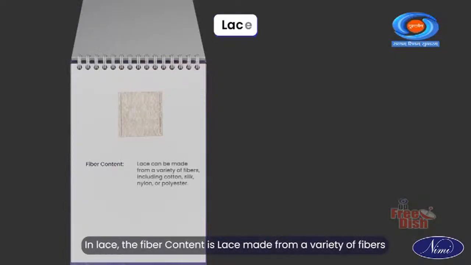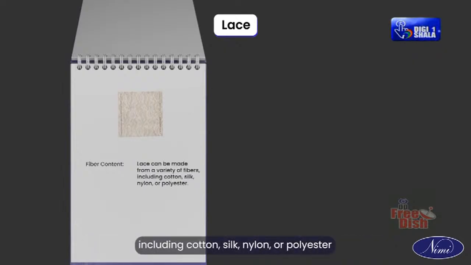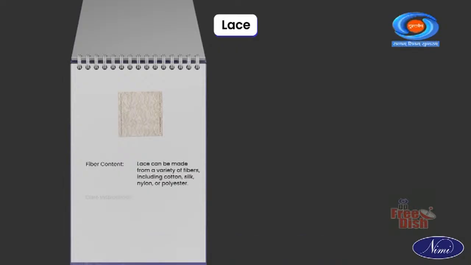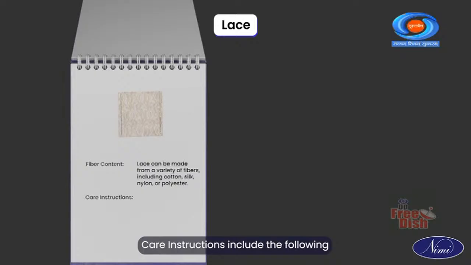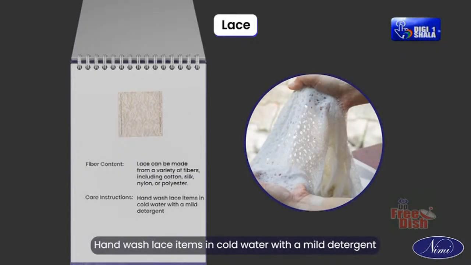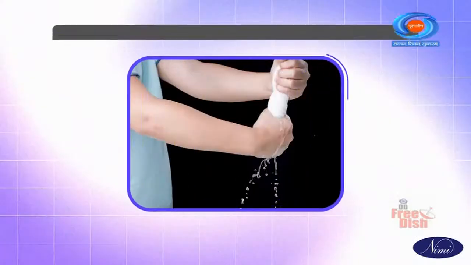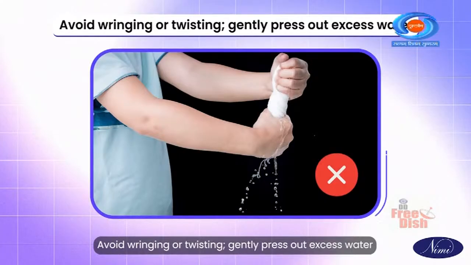In lace, the fiber content is lace made from a variety of fibers, including cotton, silk, nylon, or polyester. Care instructions include the following. Hand wash lace items in cold water with a mild detergent. Avoid wringing or twisting.